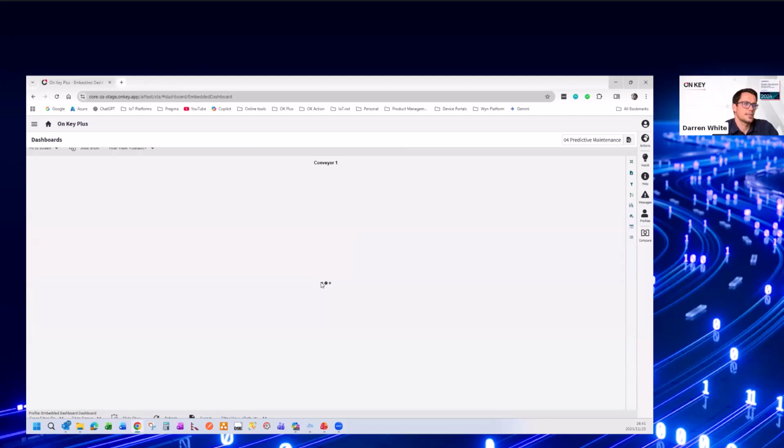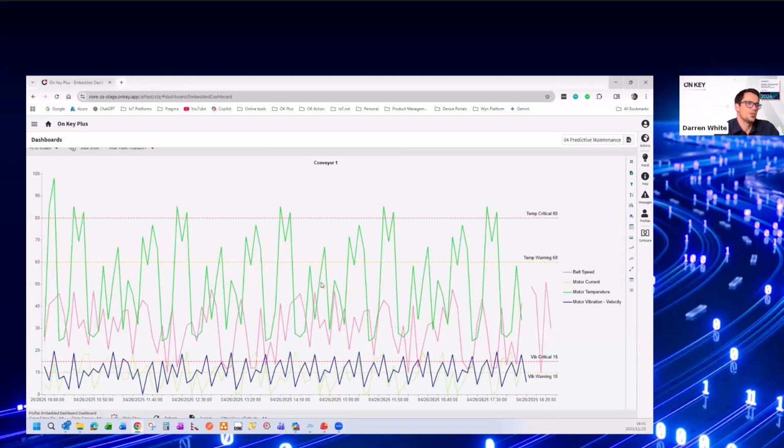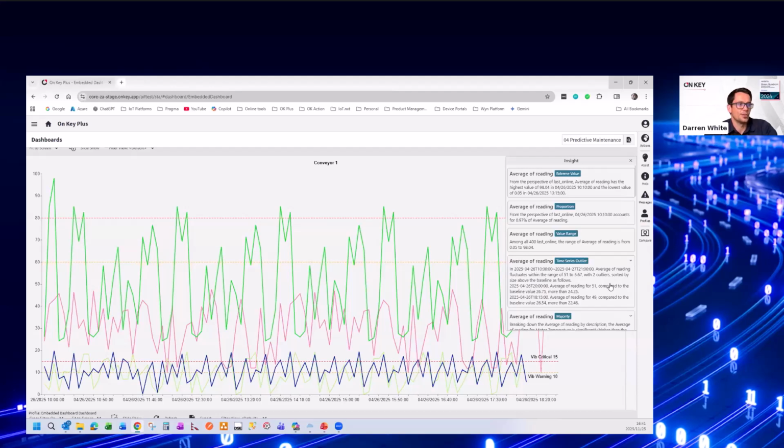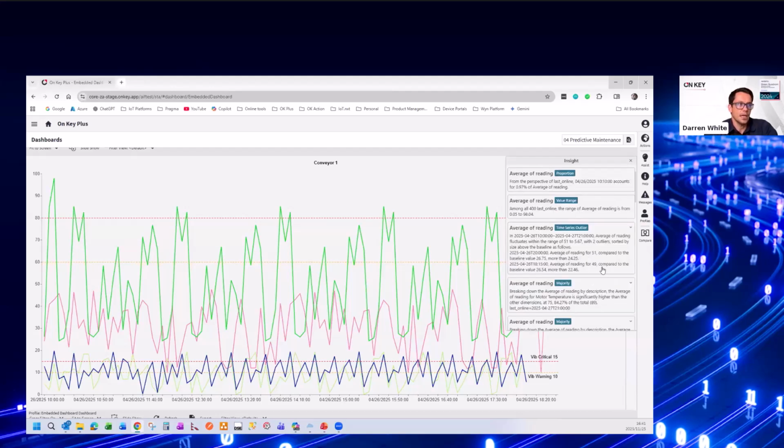And Alex has a couple of options now in terms of interpreting this data. You can manually look at each of these points in this time series data that was generated. But if he wants intelligent assistance, he can also look at the insights button over here to understand if there's any statistical analysis that was performed by an AI model. For example, this one over here identified a time series outlier.